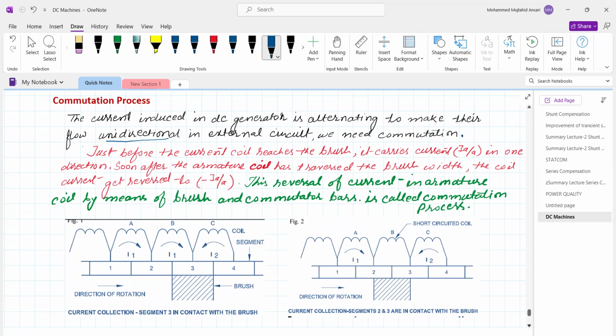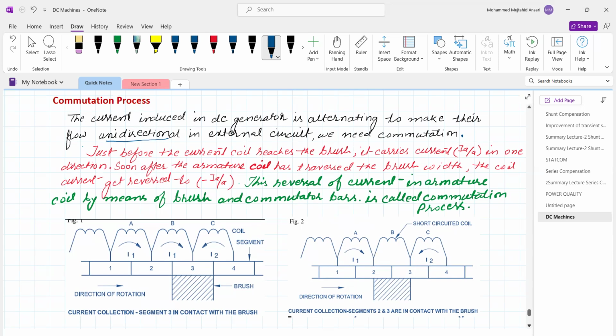This line is the mica, or insulation, between these two segments, so these two segments are electrically isolated from each other and the coils are connected. This is the direction of rotation. Brushes are stationary, so after some time, segment 2 is going to come under the brush, then 1 is going to come under the brush position, isn't it?